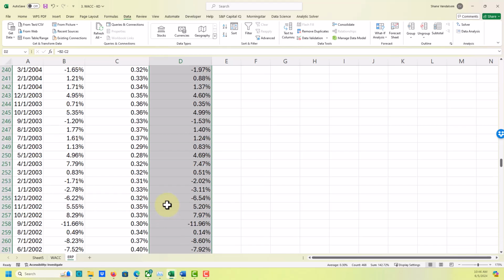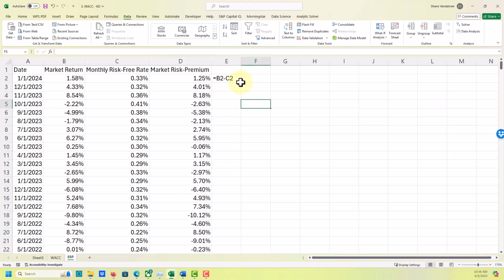And so now we're going to look at different market risk premiums over different areas of time. So I'm going to calculate 10, 20, and 30 years.